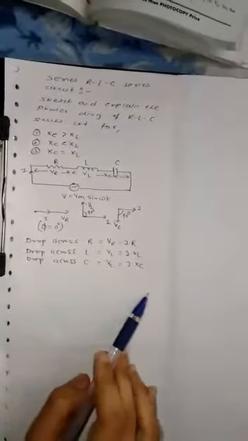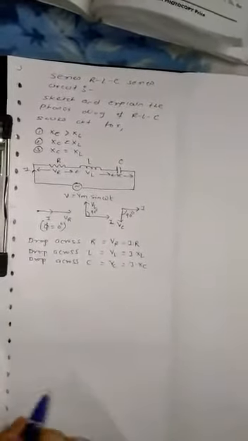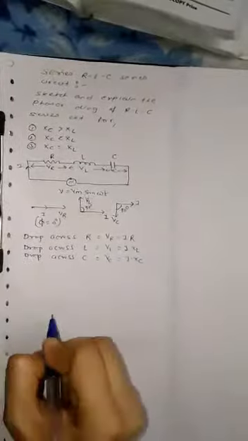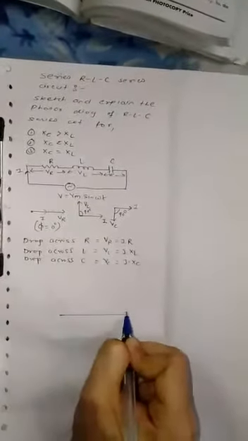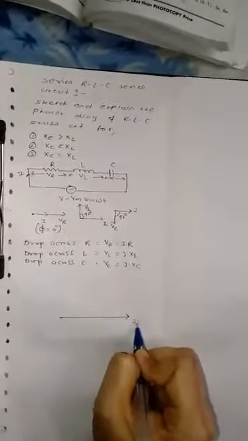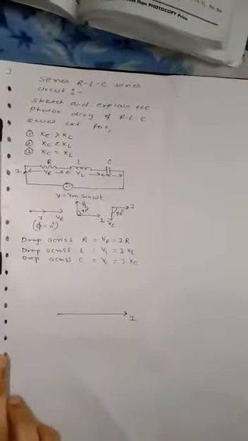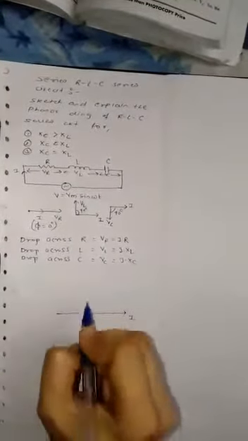Now the following are the steps to draw the phasor diagram. First, take the current as a reference. This is the current. Second, VR is in phase with the current; this is the voltage drop across the resistance.